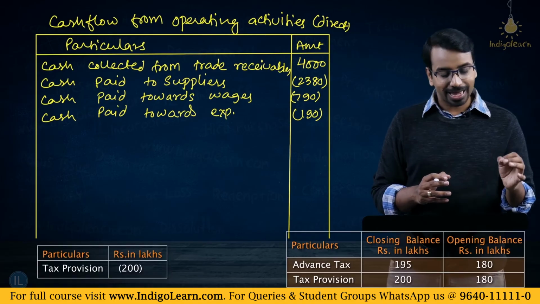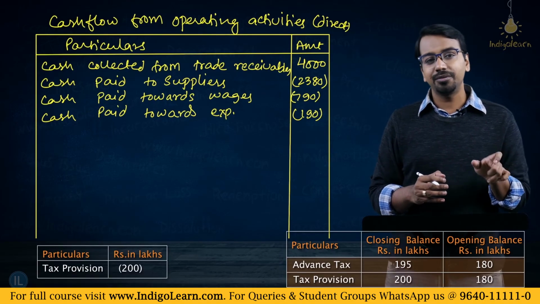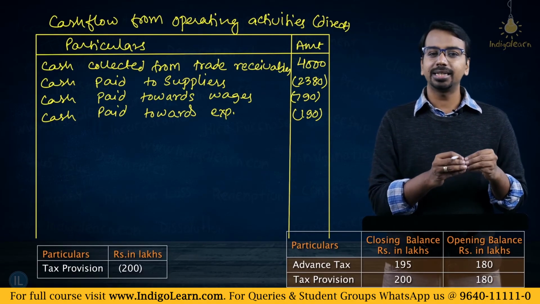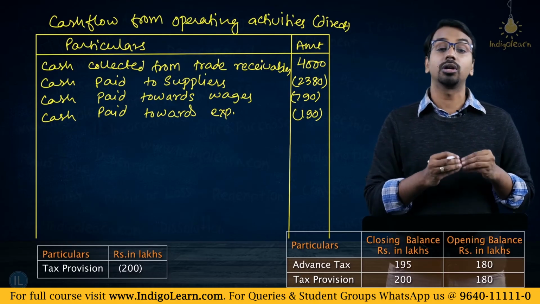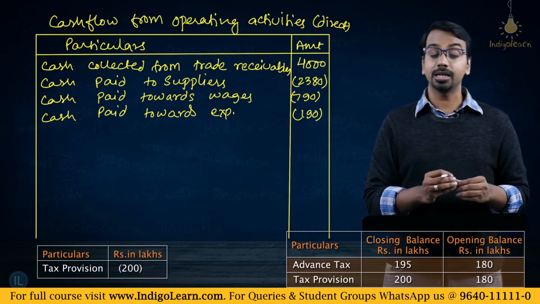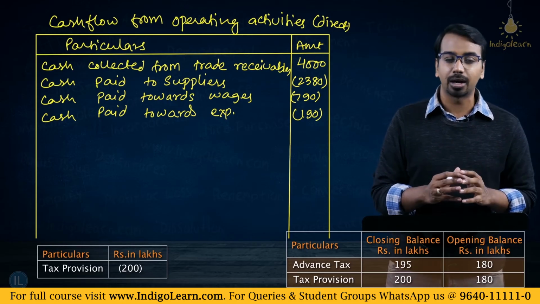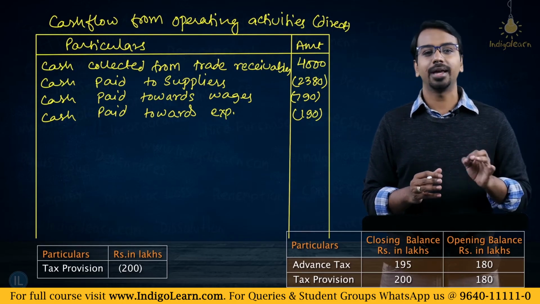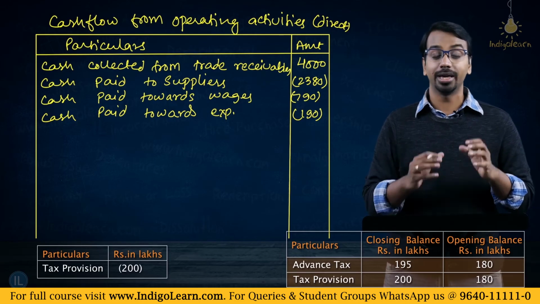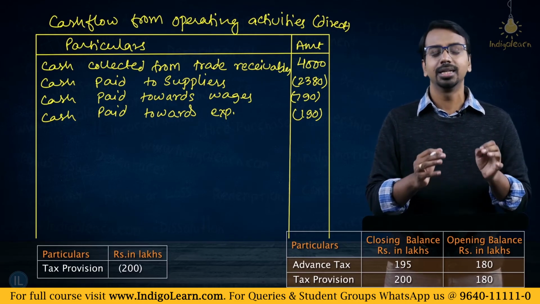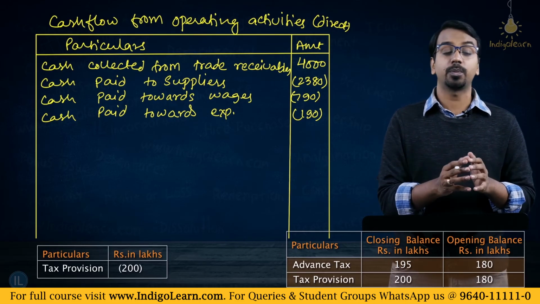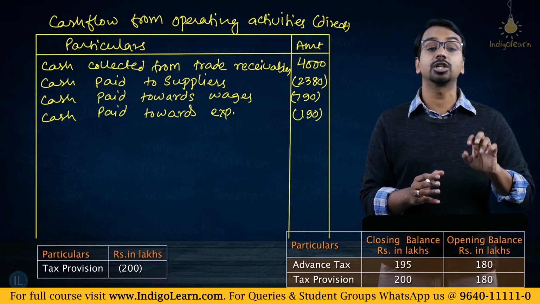Then we have tax provision. Now, is the tax provision the actual tax paid? Again, the answer is no. So you ignore the tax provision, and you should actually find out what is the tax paid during the year. For that again we have to prepare a working. Tax provision, if you prepare using a ledger account, will be much clearer.